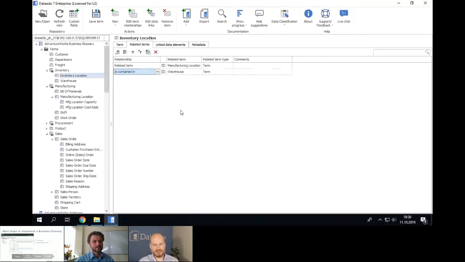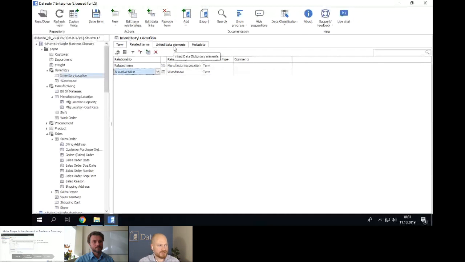This is something you could expect from a tool that builds business glossaries. What is especially interesting about Dataedo specifically is that you can link those terms, so the business glossary, to the data dictionary, so to your physical data.